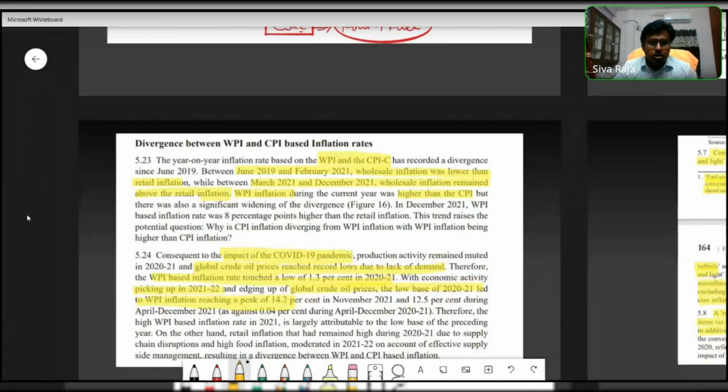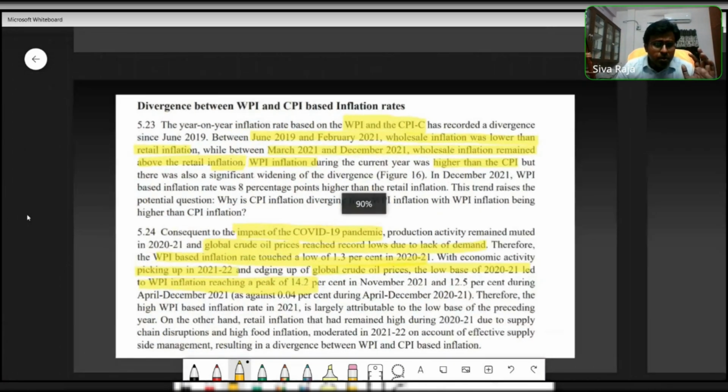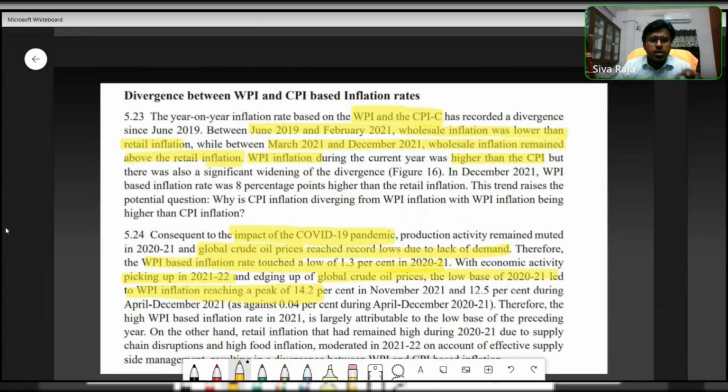Now, for example, in this economic survey, they are saying there is a divergence between wholesale and retail. Both are measuring inflation.